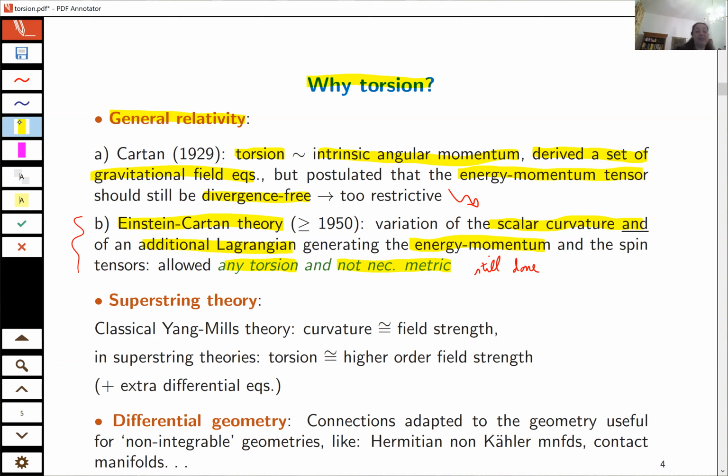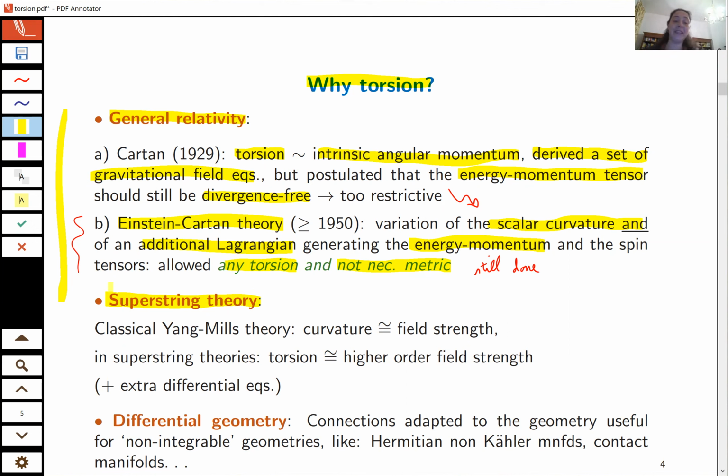Now, theoretical physicists know, of course, about all these things, right? Because this is part of their general education. And so, when in the early 80s superstring theory came along, it was a rather natural thing to do to incorporate these notions of differential geometry, which were already existing, into these new models.